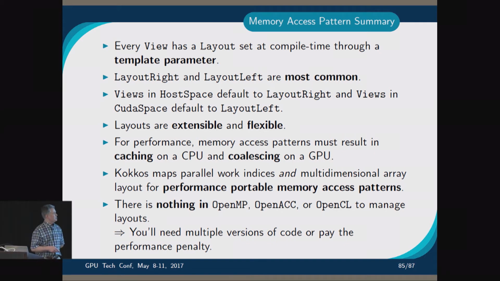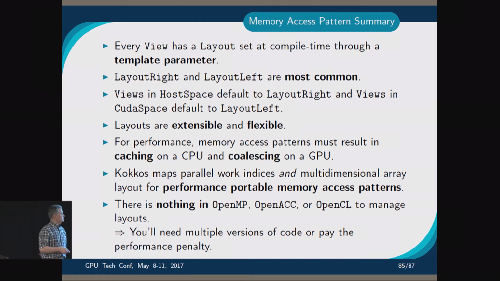Then we map parallel work indices and multidimensional array layouts. Mapping of work indices, mapping of the data, bring those together in a coherent fashion, and we get performance. We get performance portability, not just portability across these architectures.